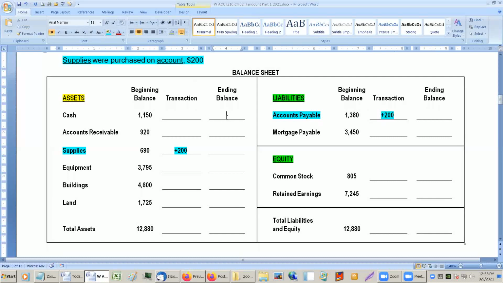Okay, so again, most of these accounts don't change. In this case, you haven't paid any cash yet. Supplies are at what? 890?